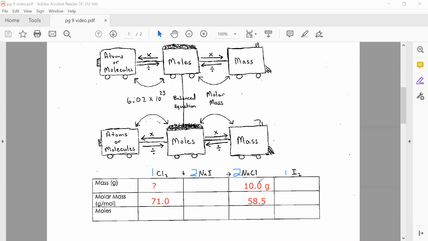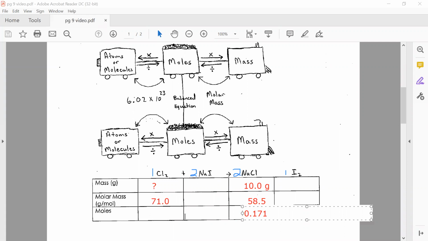Okay, so we're going 10 divided by 58.5, and I'm going to punch that in. And that equals 0.171. And I'm going to keep 3 figures on this. So if you're using this and you get real small numbers, you should keep the figures there. So I'm going to say 0.171 moles. Okay.